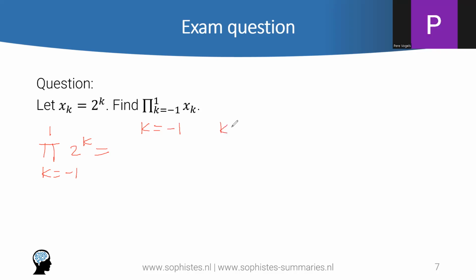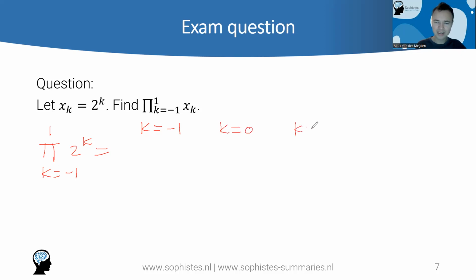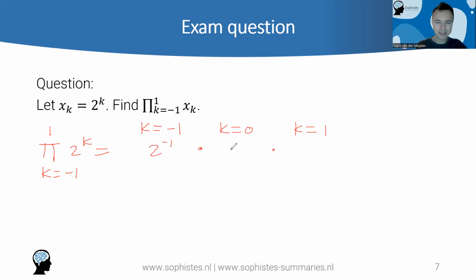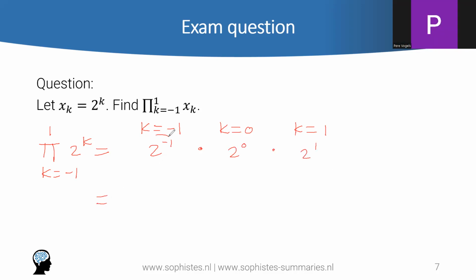Yes. And what will be the next value? 0. And then? 1. Yes. What kind of sign will we plug in between? Times. Yes. So we get 2 with the power of -1, 2 with the power of 0, 2 with the power of 1.